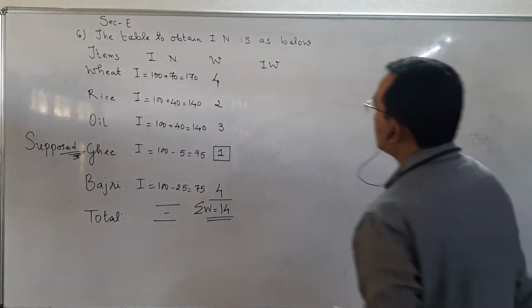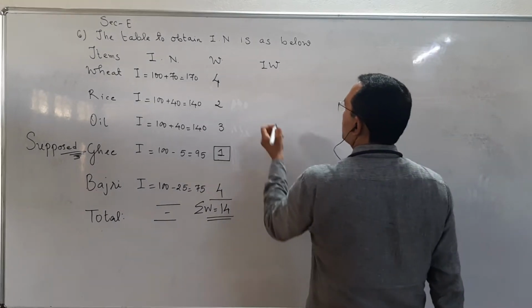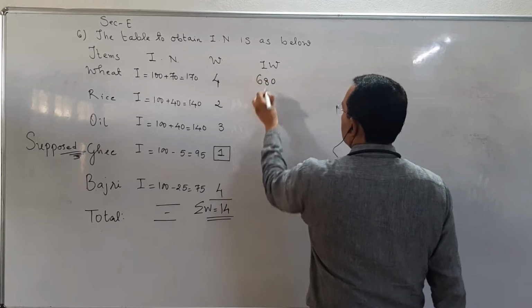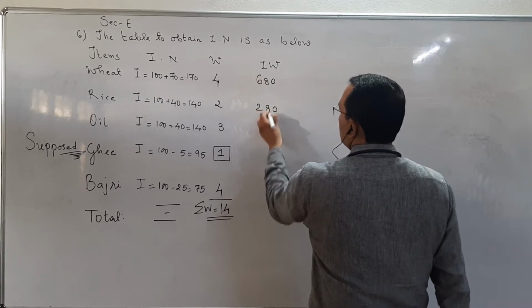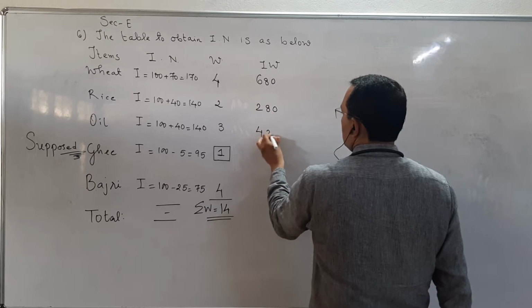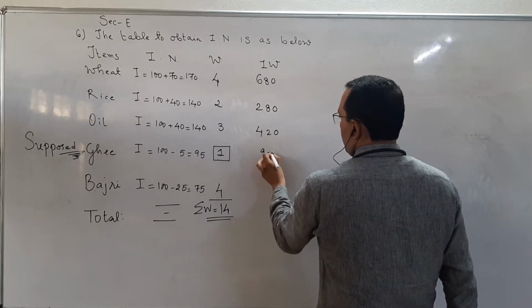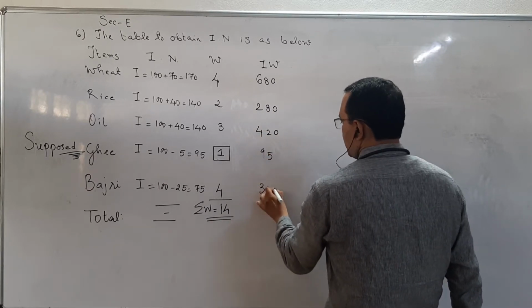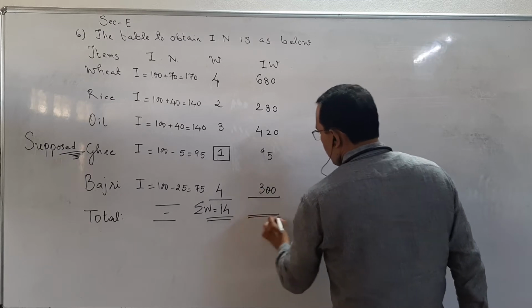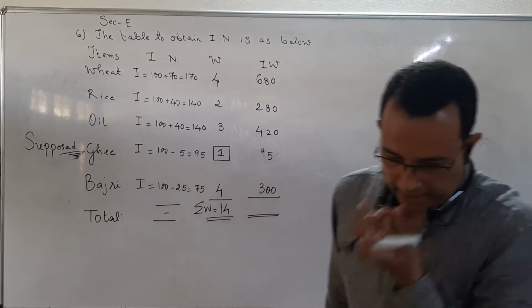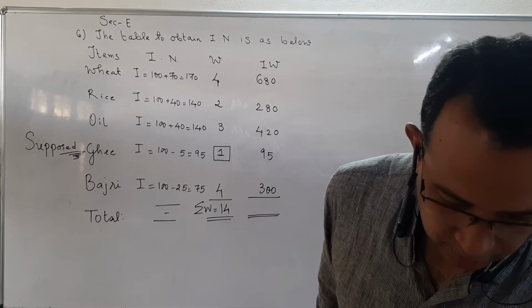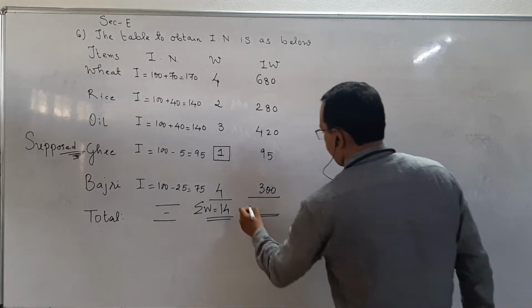170 into 4, 7 4s are 68, so 680, 280, 14 3s are 42, then 95, and this is 300. So if I total, students, IW, then I am getting the total as 1775.